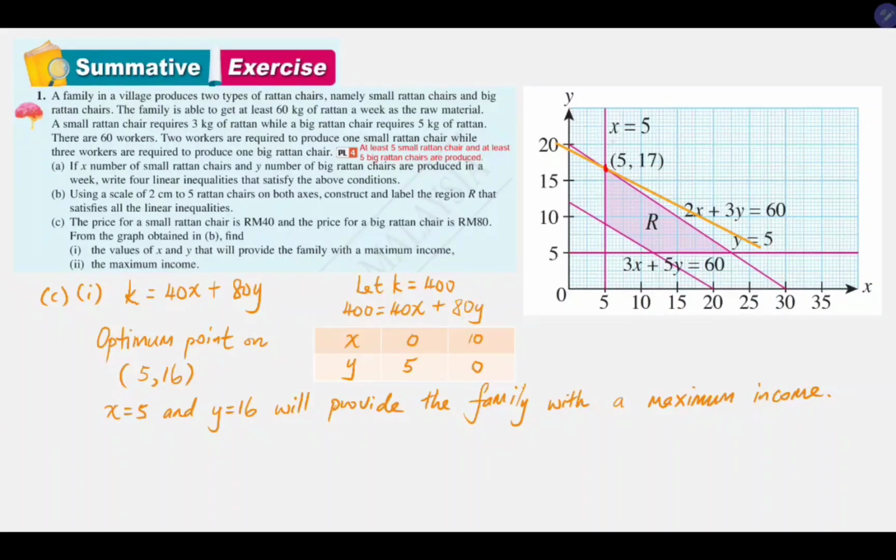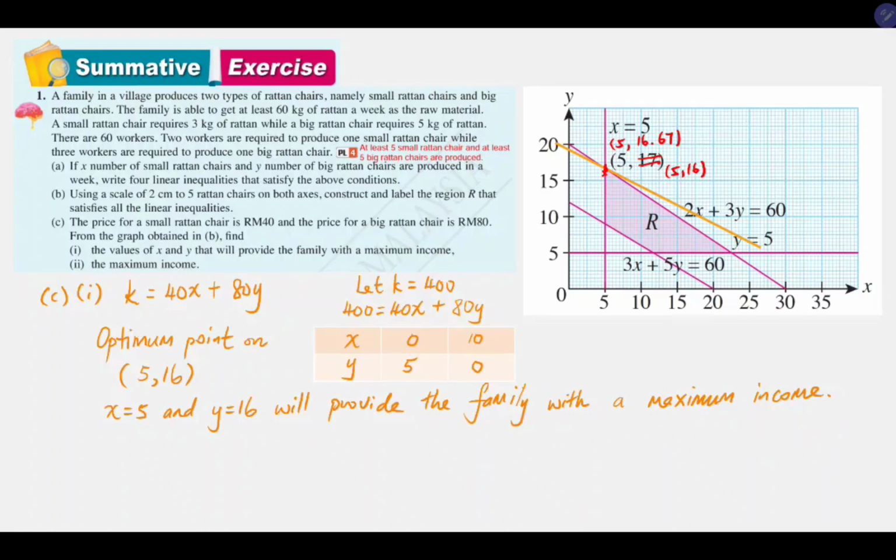From the graph, this is (5, 16.67). So 17 is out of the feasible region. Therefore, the nearest integer that we can get is only (5, 16). So the optimum point is (5, 16). Therefore, X equals 5 and Y equals 16 will provide the family with a maximum income.